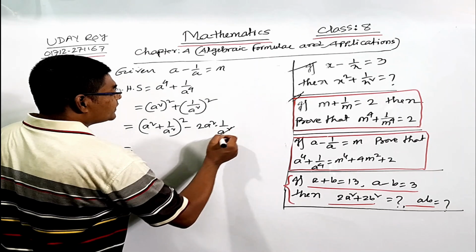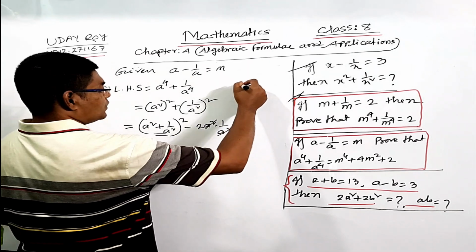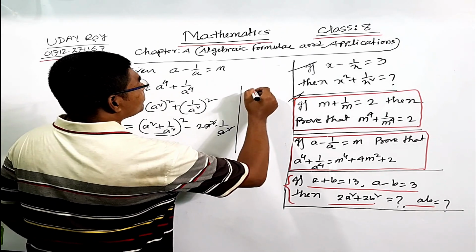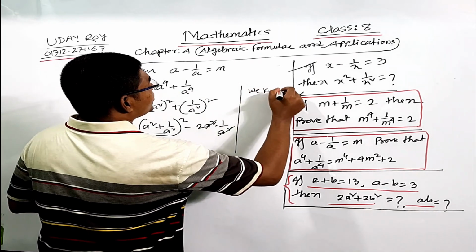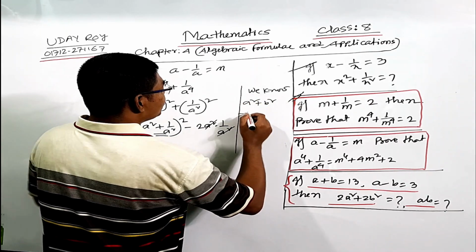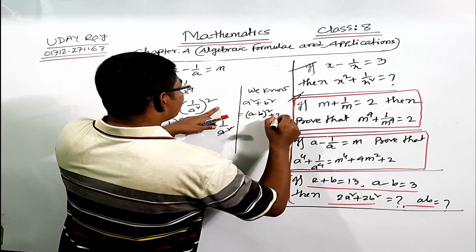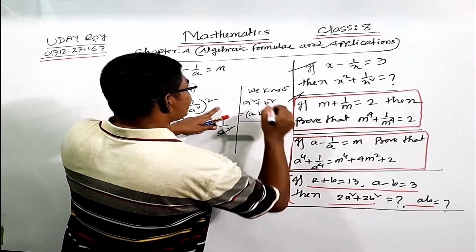Now cut it, 1 by a square, cut it. Again you have to break it. So we know a square plus b square equal to a minus b whole square plus twice ab.